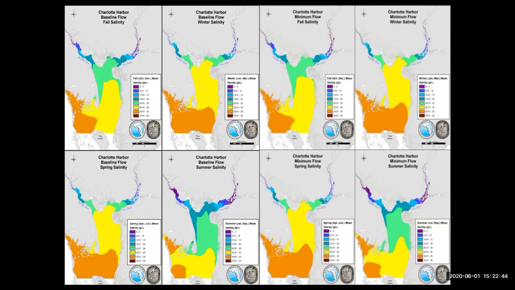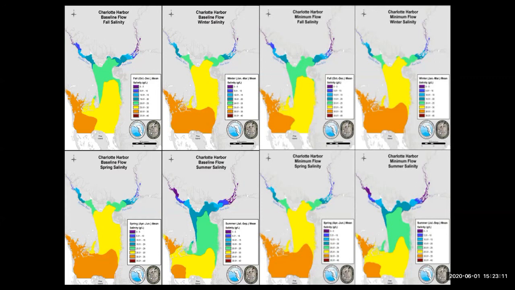But when you look at these maps, it's very hard to see a difference. So while there may be something going on in the upper part of the lower Peace River, it didn't seem to have much effect on Charlotte Harbor going all the way down to Pine Island. And so one of the findings, I thought this was something that Dr. Chen had engineered, but it turns out that this was unpredicted.